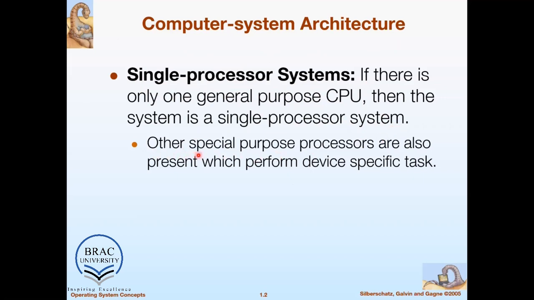Other special purpose processors are also present which perform device-specific tasks. Devices like disk and keyboard all have some microprocessor for doing specific tasks for the related devices. So they are a specific type of processors. Since we have only one general purpose processor in this kind of system, we call it a single processor system.